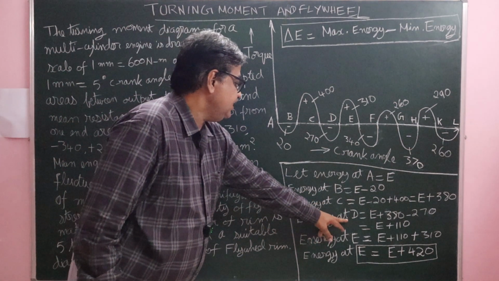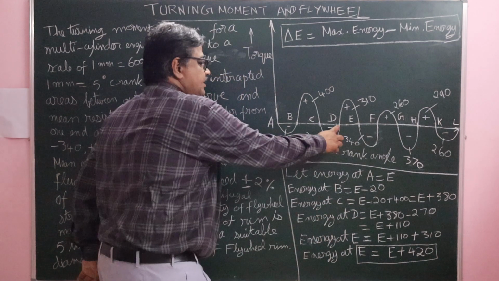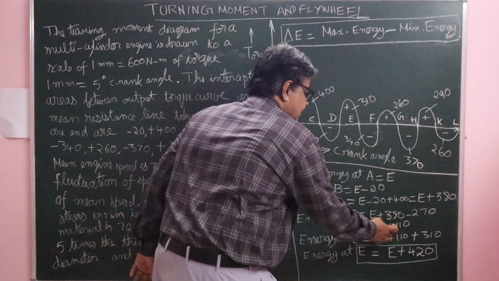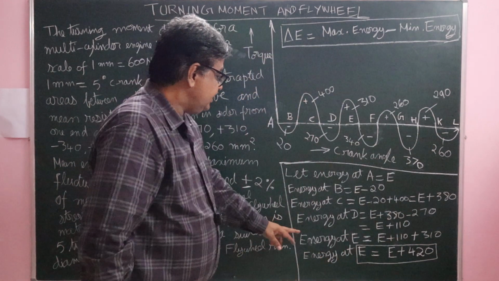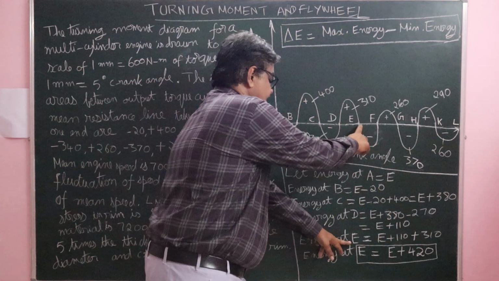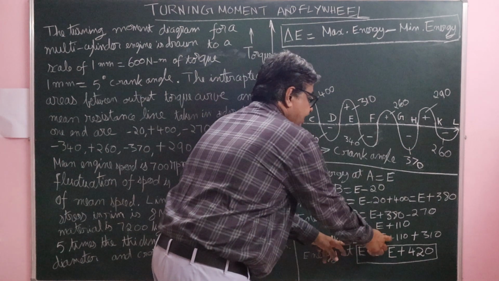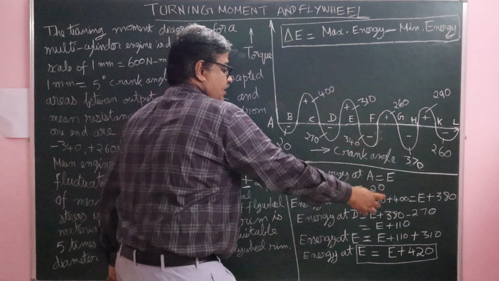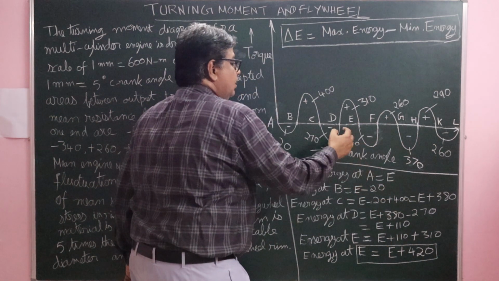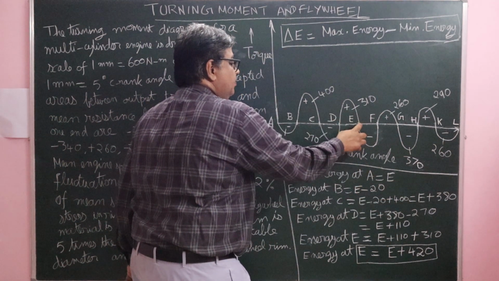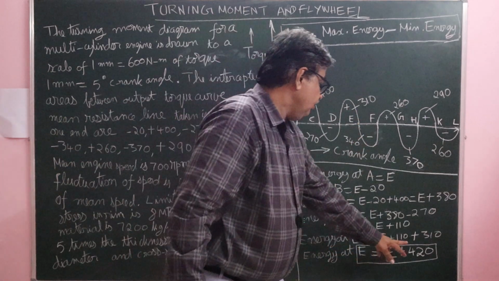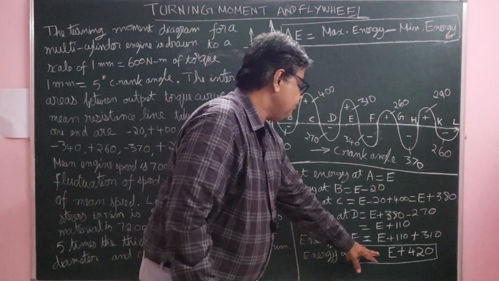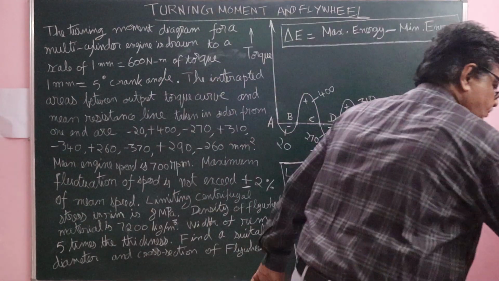Energy at D is E plus 380 minus 270, it becomes E plus 110. Energy at E is E plus 110 plus 310, which is E plus 420. Therefore, this is the maximum energy.